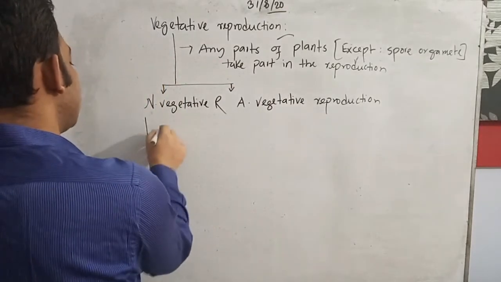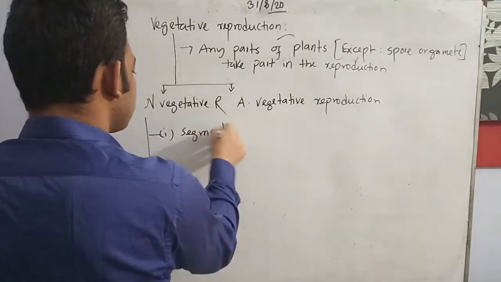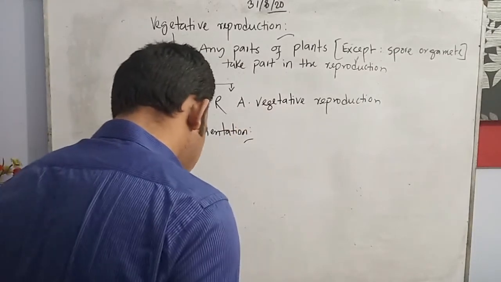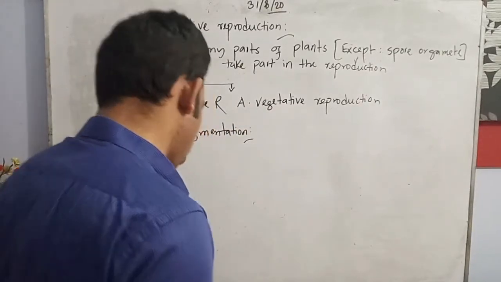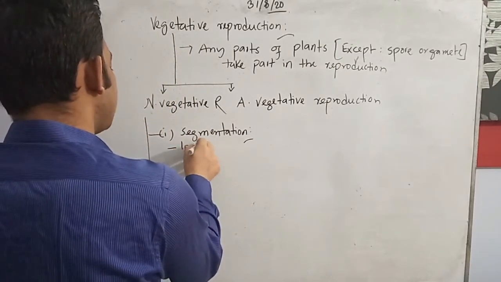First one is segmentation, in the case of the lower plants. Lower plants, it is happening.